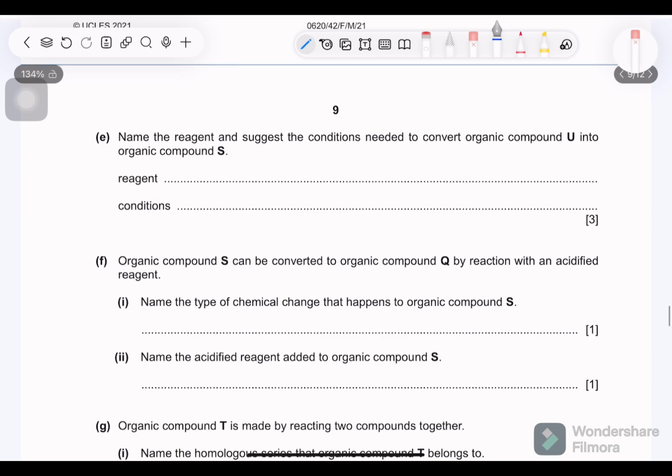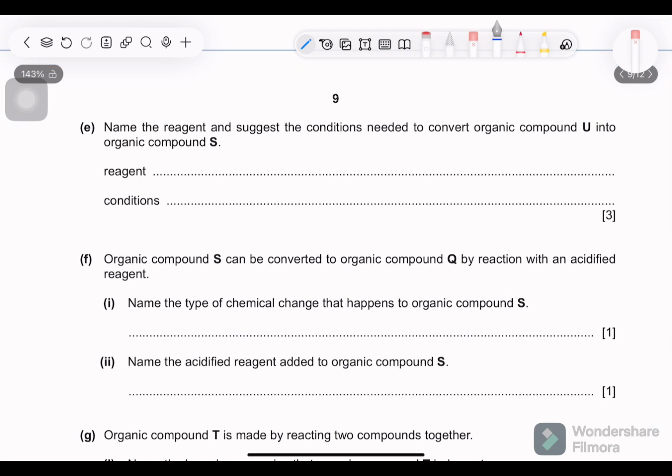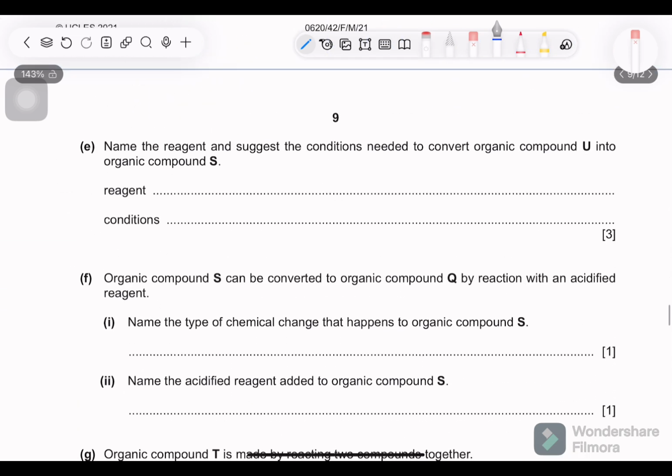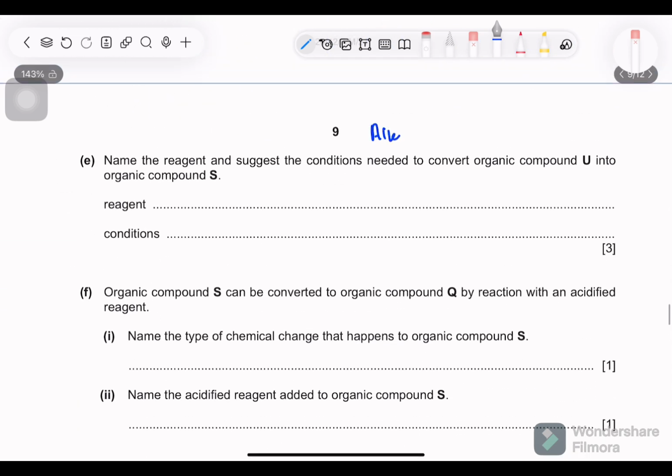Name the reagent and suggest the conditions needed to convert organic compound U into organic compound S. So what's U and what's S? From U to S. U is an alkene and S is an alcohol. So we have studied this reaction, alkene to alcohol.